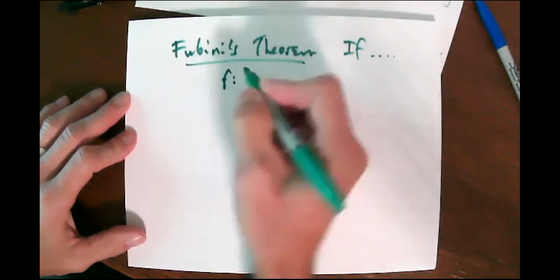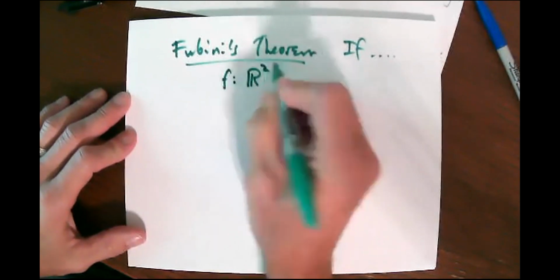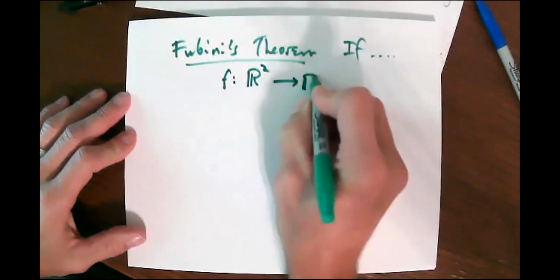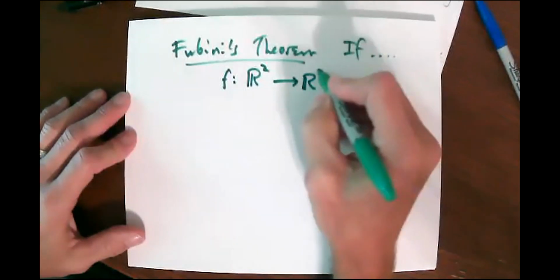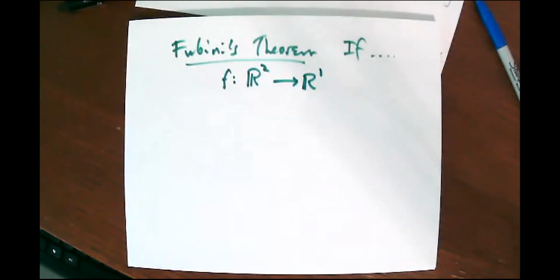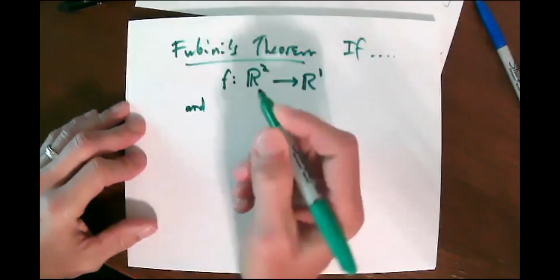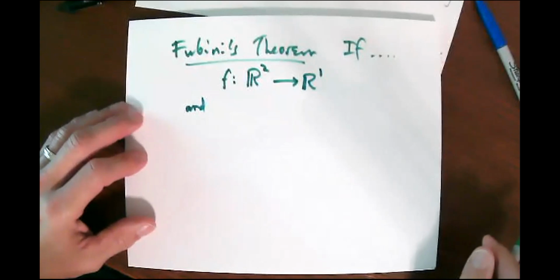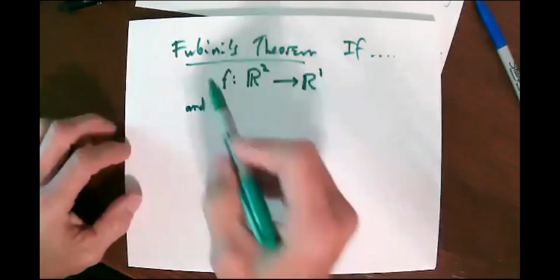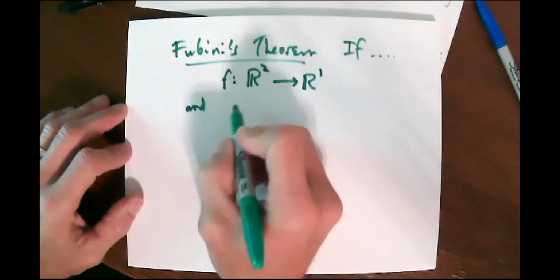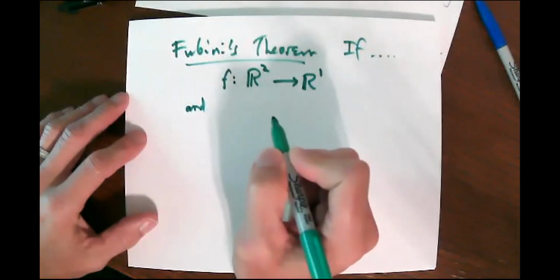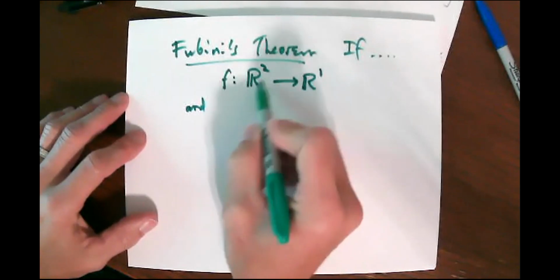But in a nutshell, if you start off with a function that's defined on the plane or a portion of the plane, and it's a real valued function, it just gives you a single number out, that's the kind of function that's involved. This is going to be about integration, so you know that in addition to having a function, you have to be given a subset S of the domain of the function.